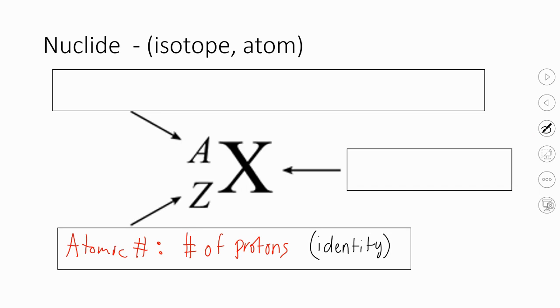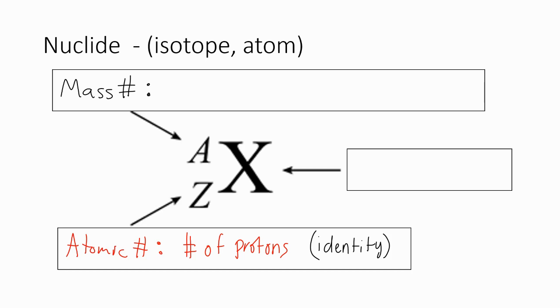Okay, and then you said this one's the mass number. That's true. And what does the mass number tell us? Is it the weight? No. It tells us the mass number.